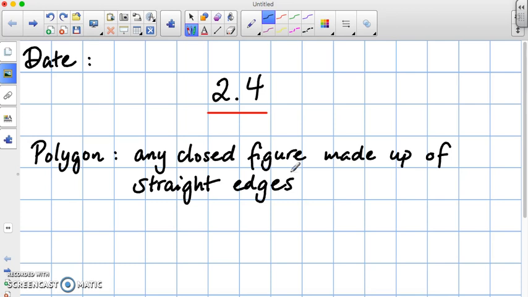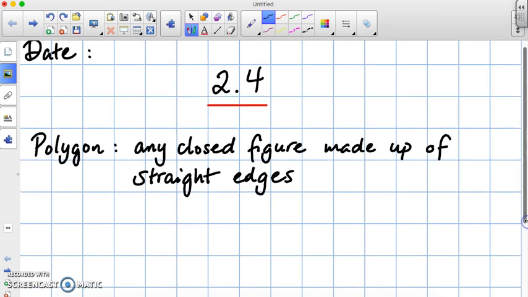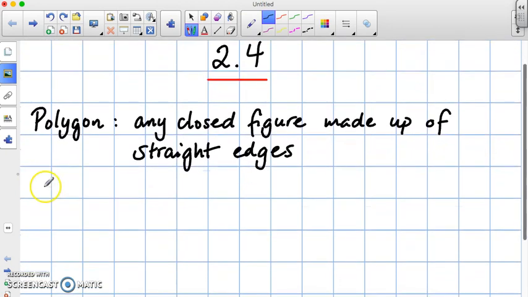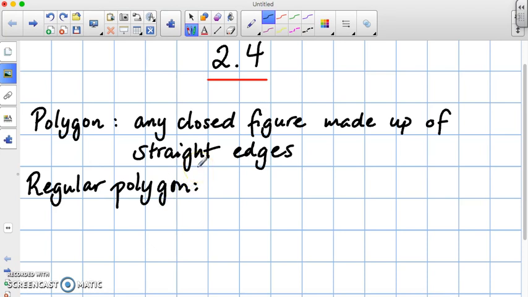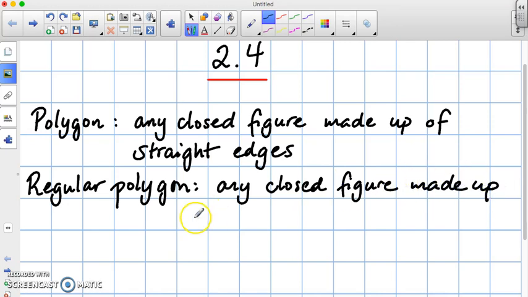The next definition we'll look at will be regular polygon, and that'll be a focus for some of this lesson. So a regular polygon is any closed figure made up of edges where all the sides are equal.